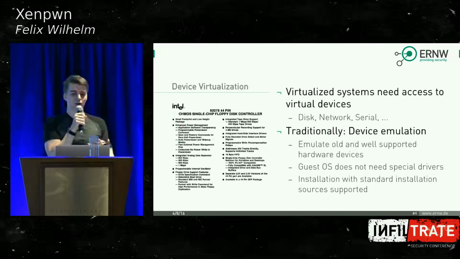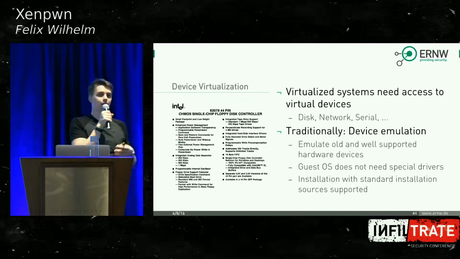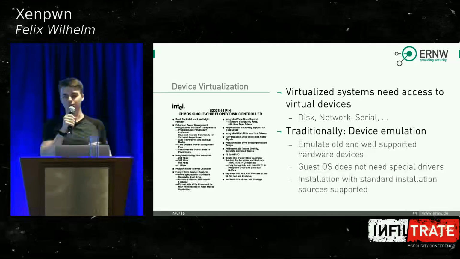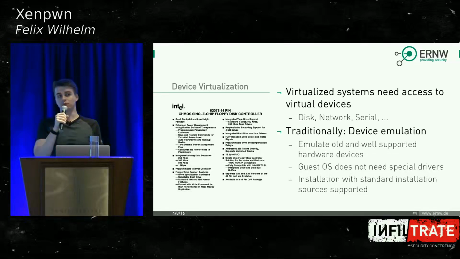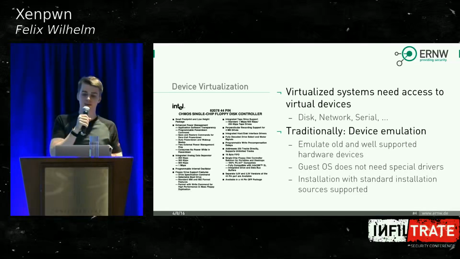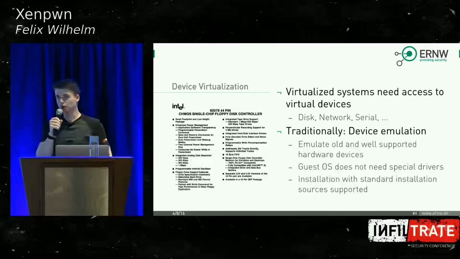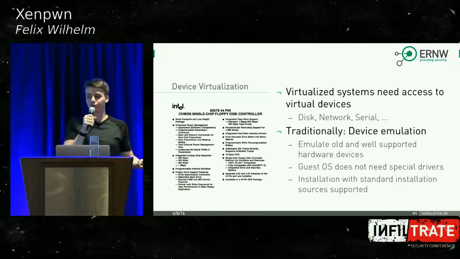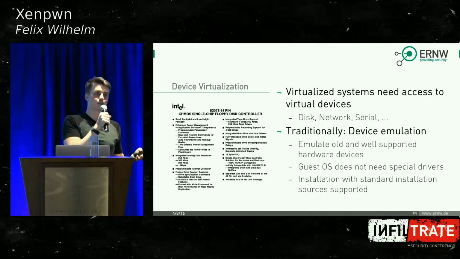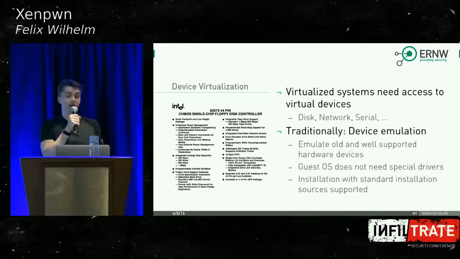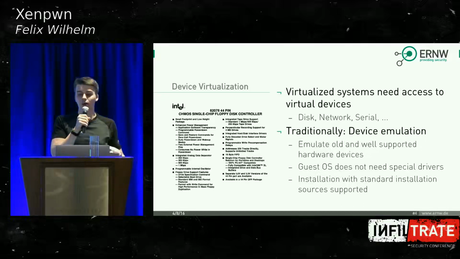So basically you have the problem virtualized systems need access to virtual devices. So that can be disk, network or serial devices or something like this. And traditionally hypervisors or virtual environments use device emulation to support this. So the core idea of device emulation is simply you have this really old and well supported hardware device that has driver support in every operating system you can imagine.